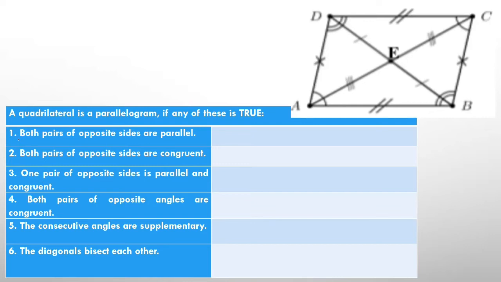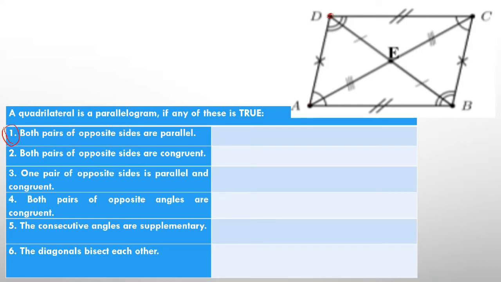So, yung first property natin, sabi dito, both pairs of opposite sides are parallel. So, ibig sabihin, dapat yung parehang pairs daw ng opposite sides natin are parallel. So, let's have this first opposite side. Yung first opposite side na meron tayo is, let's say we have the DA. Okay?